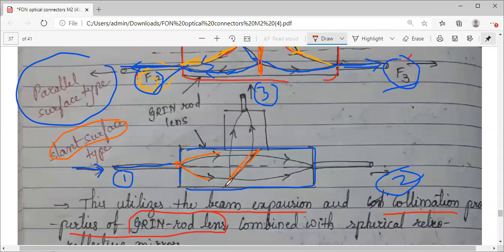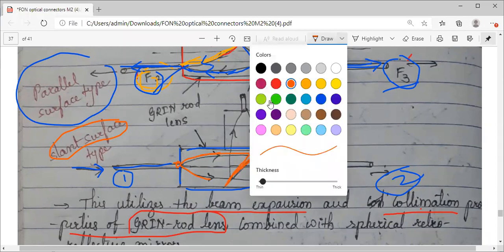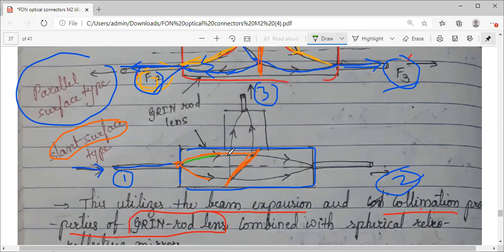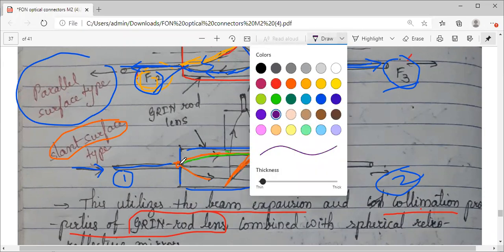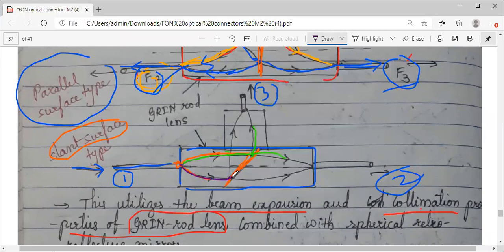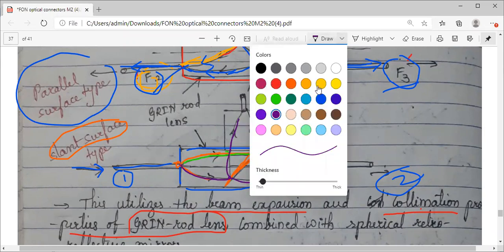This time it is at a slant position, so that whatever beams, let me take the first color to indicate two different paths. This is one path. It will hit the surface. Some part gets reflected, some part gets transmitted. Then coming to one more expanded beam, some part will hit this mirror, some part gets reflected, some part gets transmitted. So at the end, what is happening?